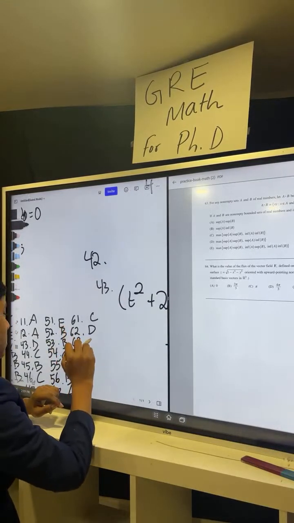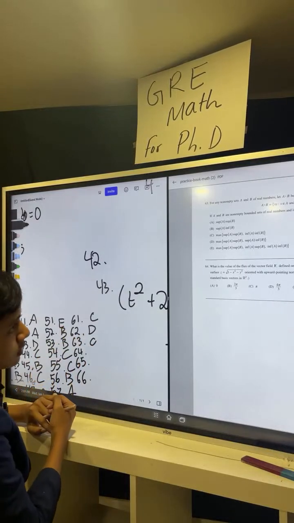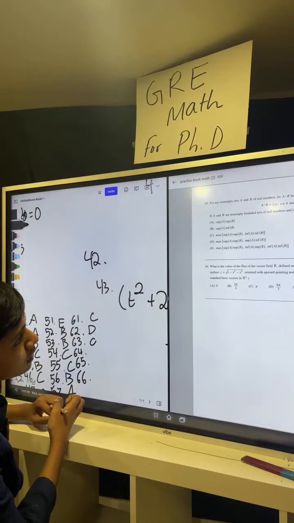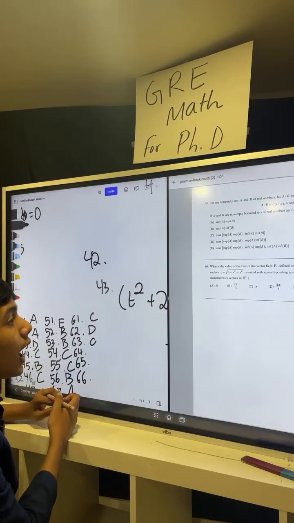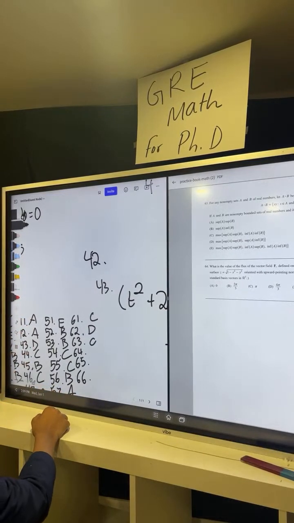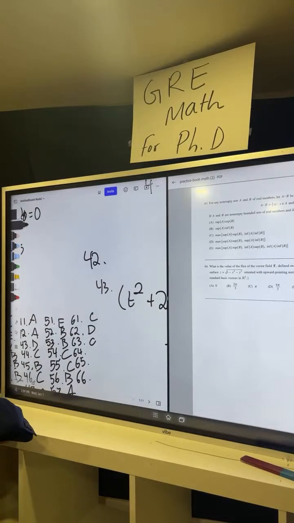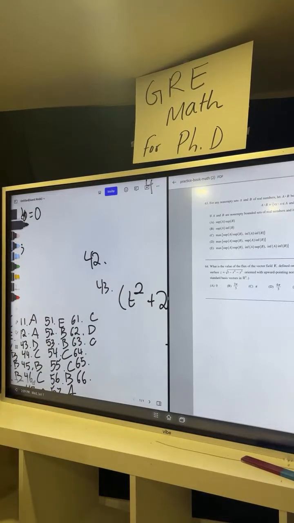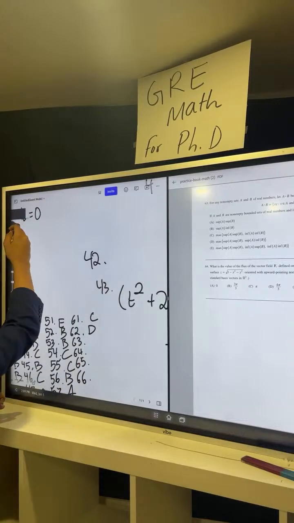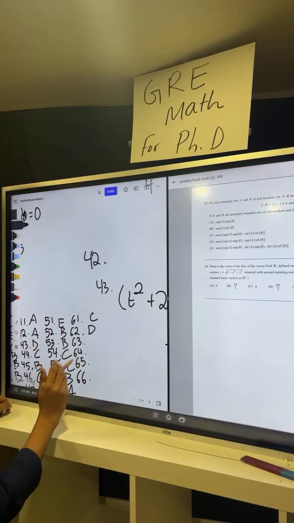I'm gonna go C. Or is it E? Because possibly the infima might be the only negative value.